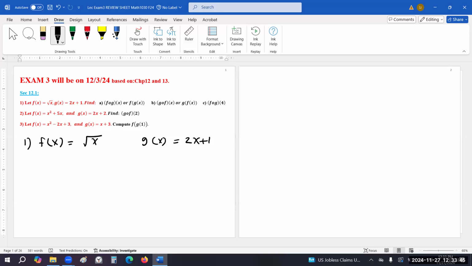So if they are asking you to find f of g of x, it means you are inserting the g function inside the f function. So whatever is inside, you put that into the outer function. So f of g of x is same as f of 2x plus 1, because this is what our g of x is.